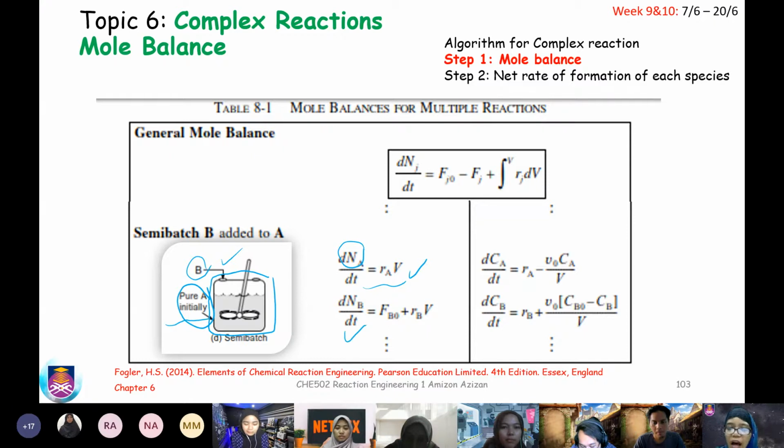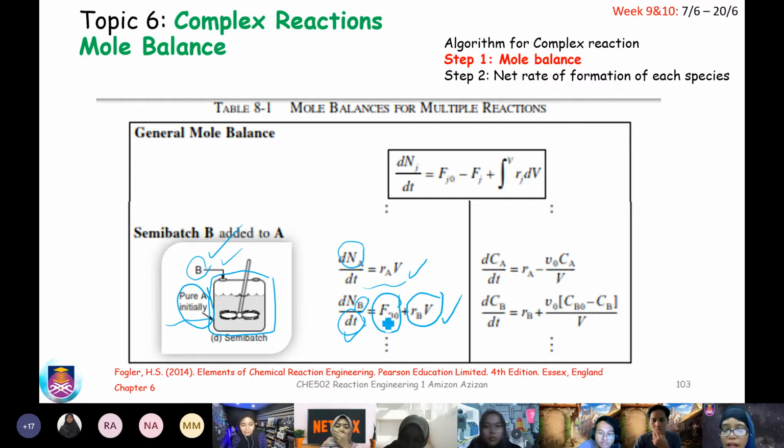Then the change of the number of moles of species B over time is simply the B inlet fed into the semi-batch plus the rate of formation times the volume.